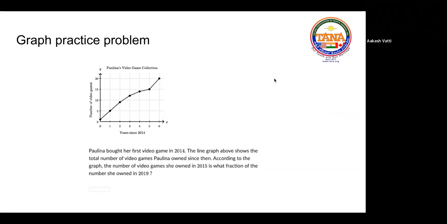I'm going to hope the person who put it latest mistyped that. So for this problem, the x-axis of the graph shows the number of years since 2014. Since 2015 is 1 year after 2014, and 2019 is 5 years after 2014, the graph contains the points (1, 5) and (5, 15).